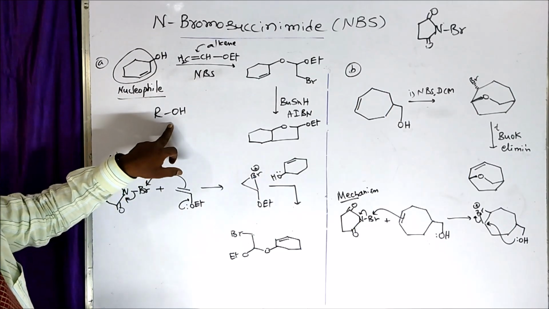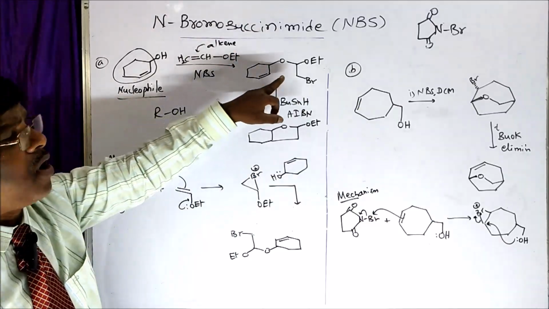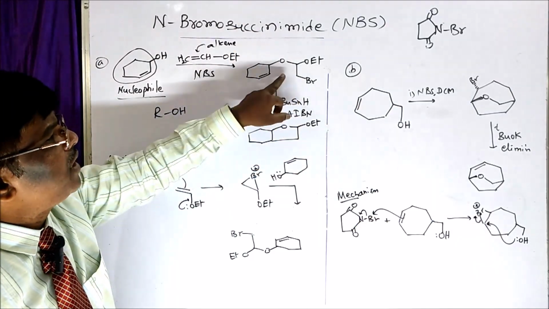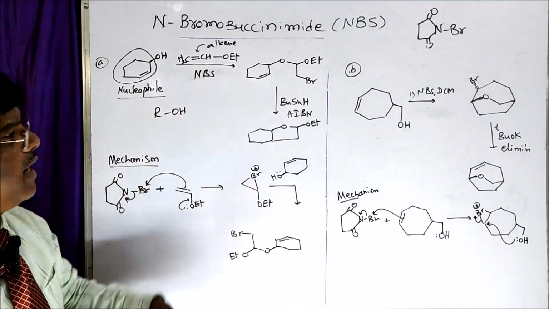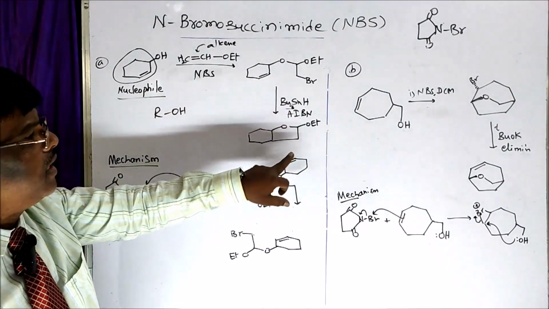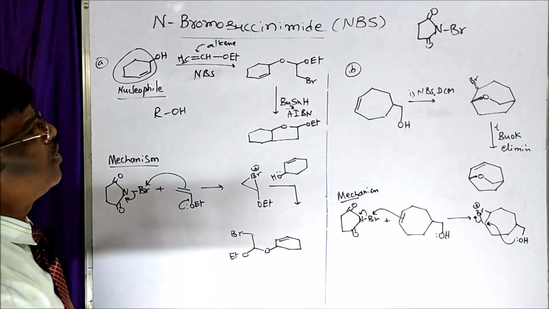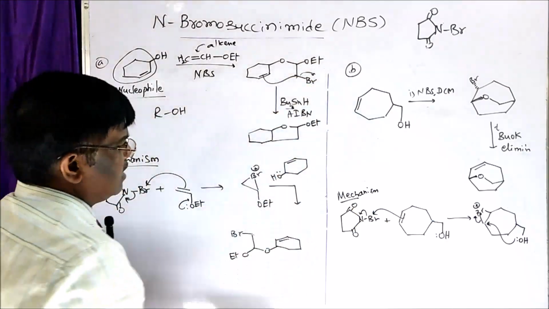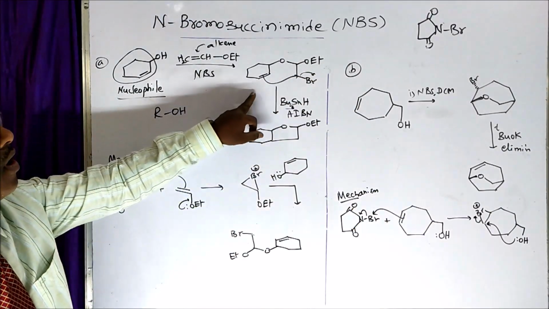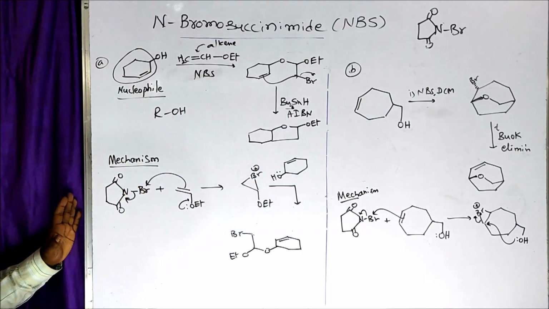Addition takes place. So this alcohol is adding to this double bond. So Markovnikov's addition takes place to give this intermediate. This intermediate upon reaction with tributyltin hydride in presence of AIBN gives this cyclic compound. What is happening? So a free radical reaction is going to take place like this to give this cyclization product. So this is the product. So the mechanism follows like this.